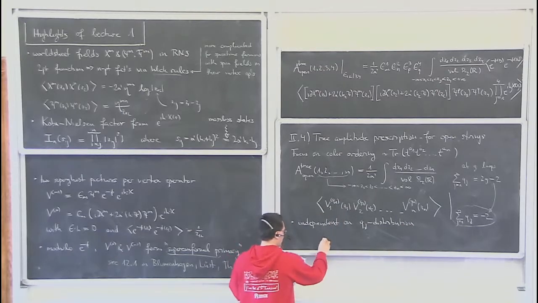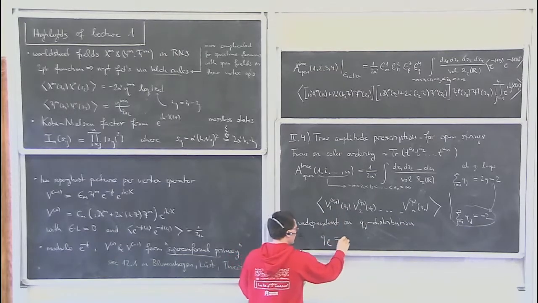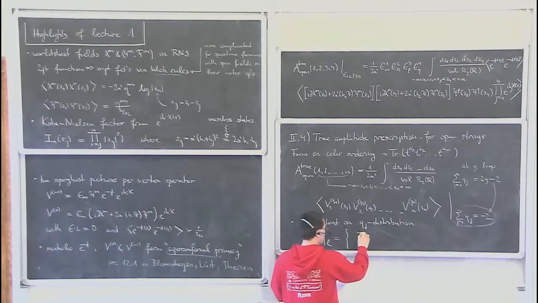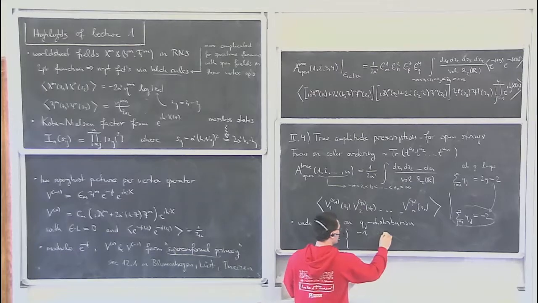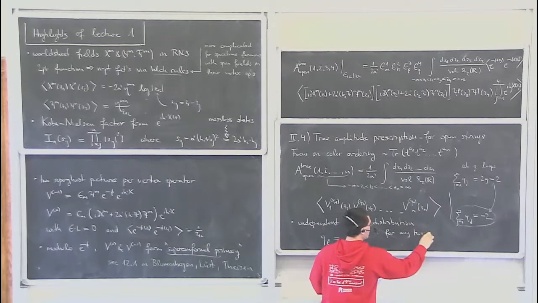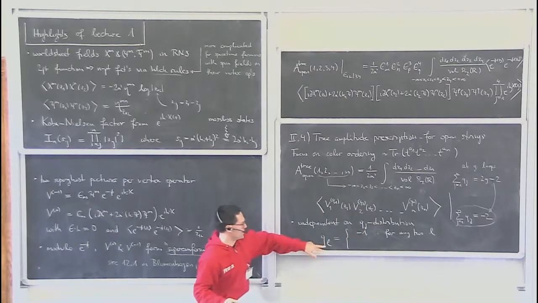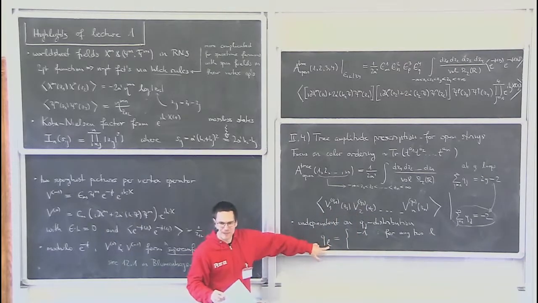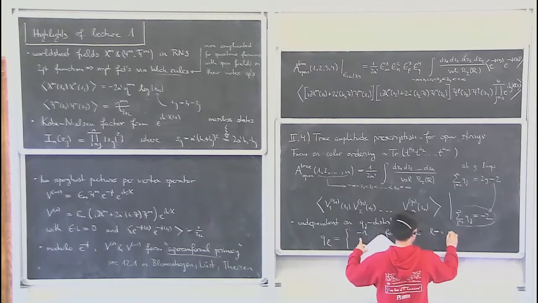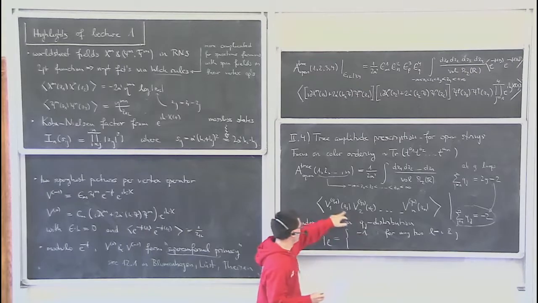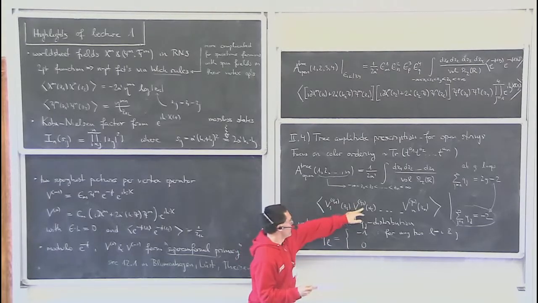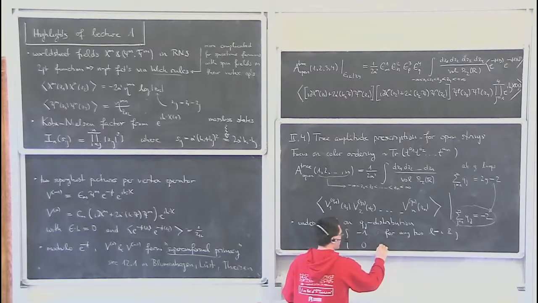So, in other words, the claim is you can set these ghost pictures to be -1 for any two external states. Okay, sorry for the many, many subscripts. Here, the subscript of the Q, you can choose it, so for any two states I and J, you can put them into the -1 ghost picture, and otherwise, you take the zero picture for n minus 2 states.